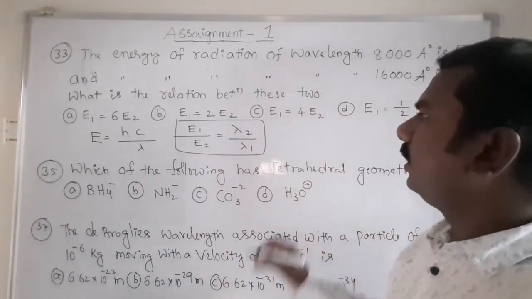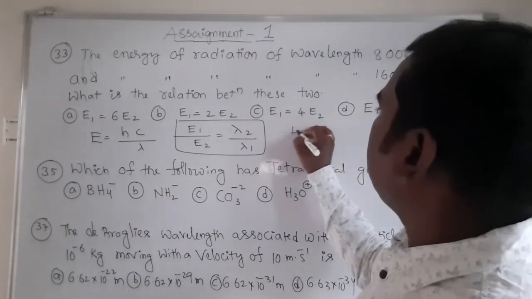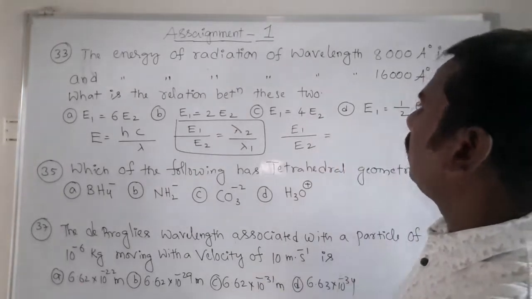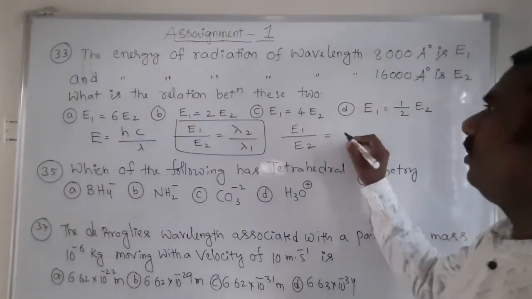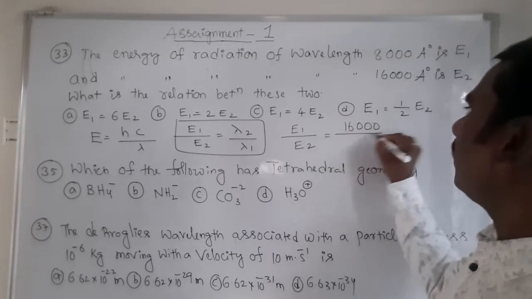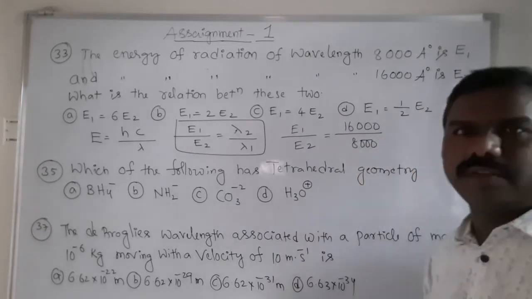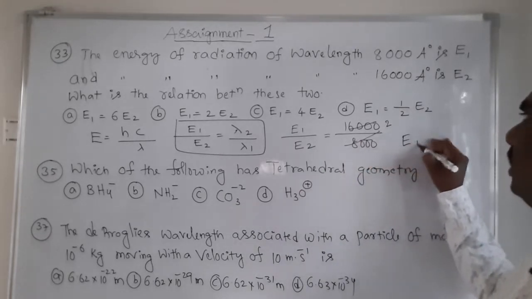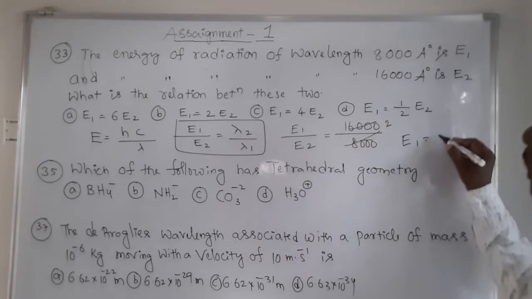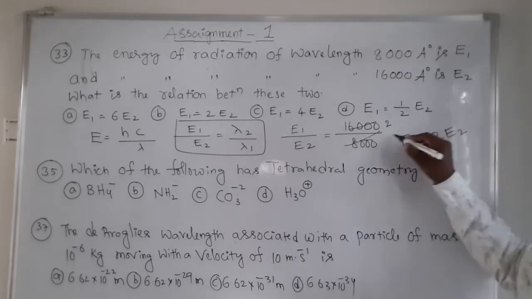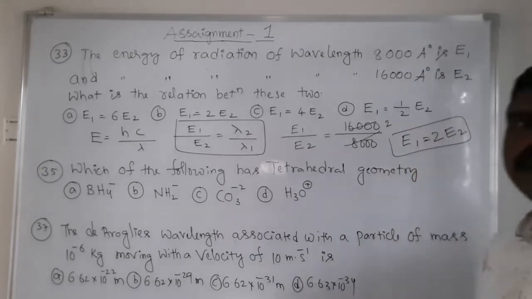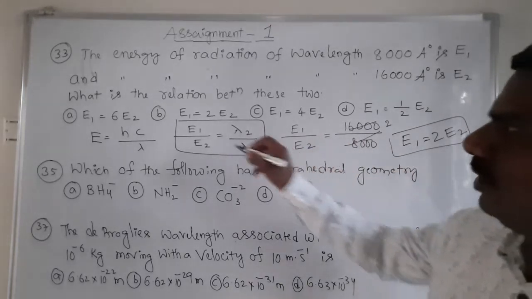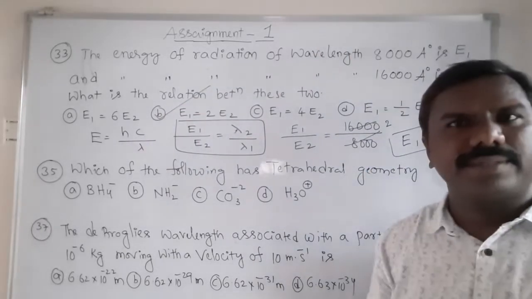Second wavelength is 16,000 given, first wavelength is 8,000 given. So it becomes 2. Then E1 is equal to 2E2. Getting, students? So I think the second option is the right answer.